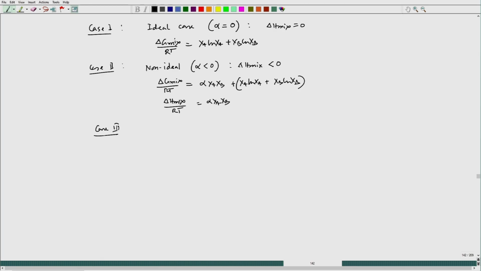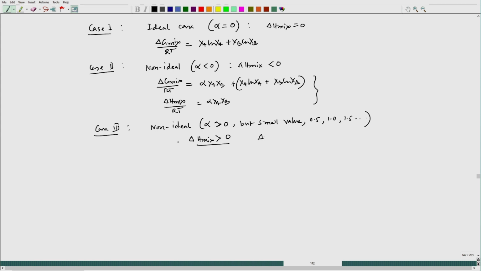Case 3, we can have a non-ideal situation where alpha is greater than 0, but a small value. What small values can we consider? 0.5, 1.0, 1.5, like this. In that case delta G mix will have the same expression, but delta H mix by R T will gradually increase.